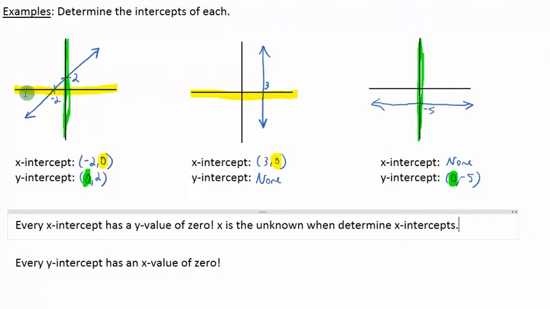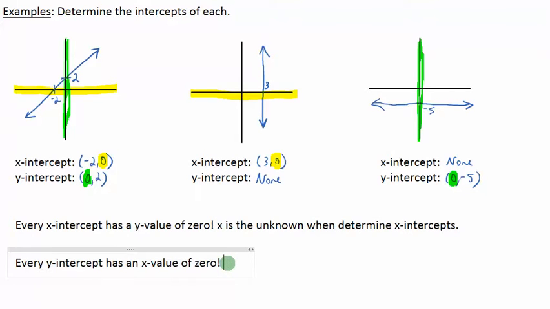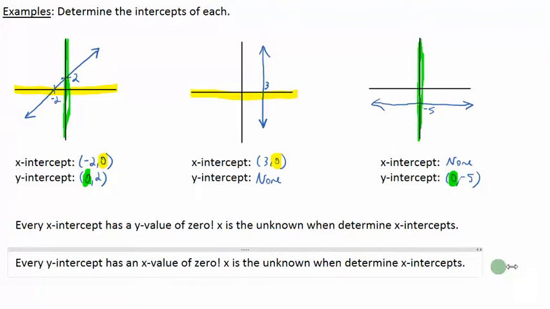Because when we're looking for an x-intercept, we're scanning the x-axis for where the graph touches, and that's at -2. That was the unknown. We know y has to be 0. Over here, we scan the x-axis to see where the graph touches, and we see that x is 3. So when you want to know x-intercepts, you need to figure out the x value. When you want to know y-intercepts, you need to figure out the y value.